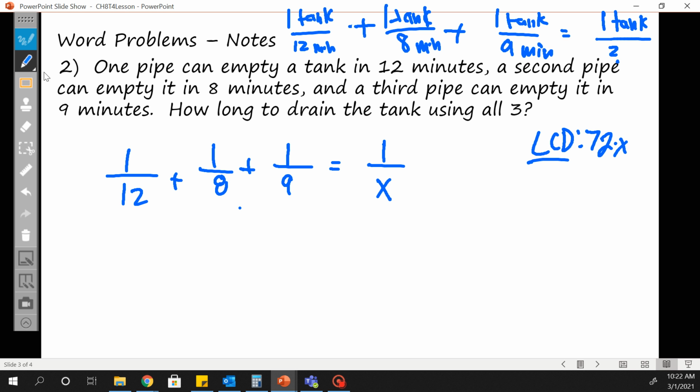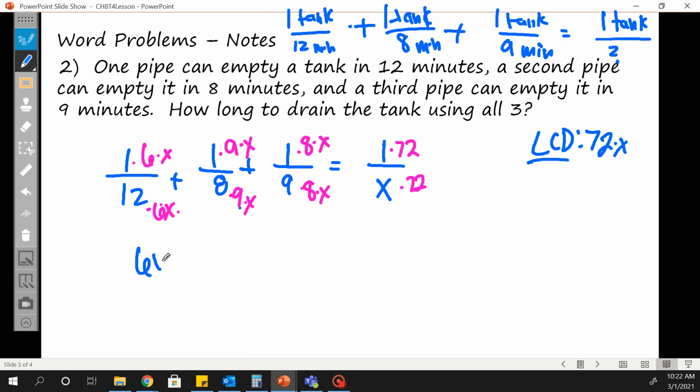So to get that, I would multiply the first one by 6x, the second one by 9x, and the third one by 8x to get 72x for all of these, and then the last one by 72.